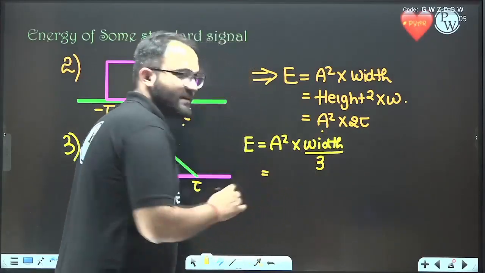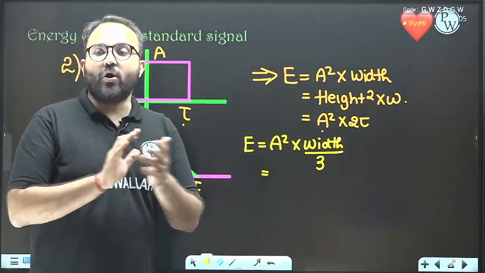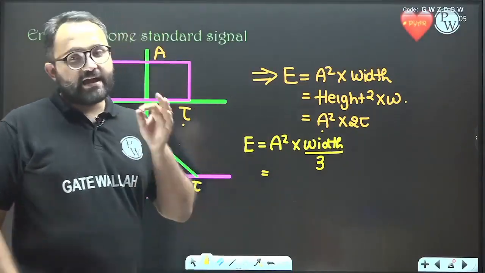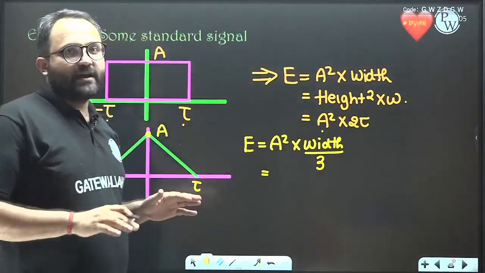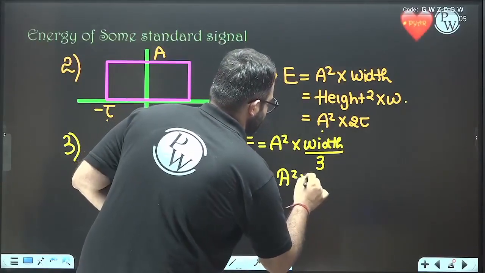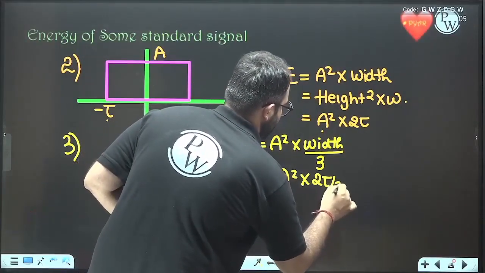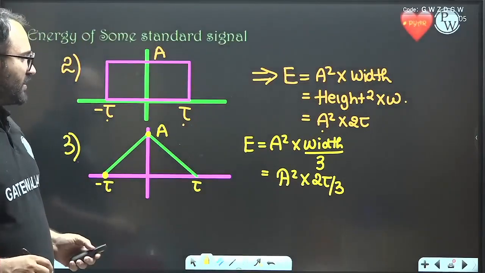That is, height square multiplied by width divided by 3. This is valid for all triangular signals. Any triangular signal, you can apply this formula and you will get the energy of that signal. So here we can see that it is a square into 2 tau by 3. I hope all of you are able to get this.